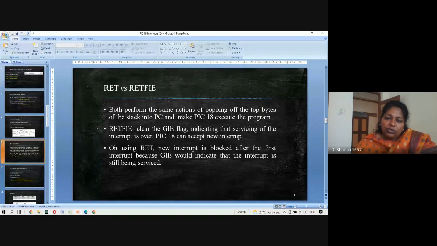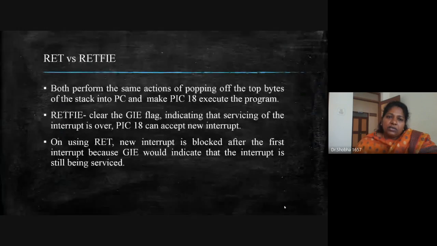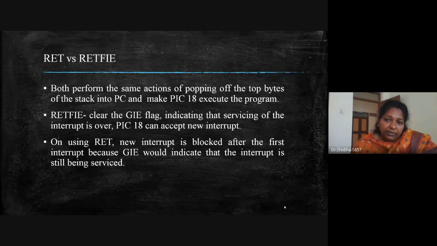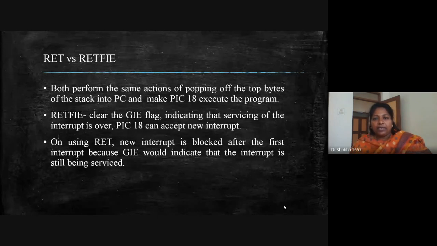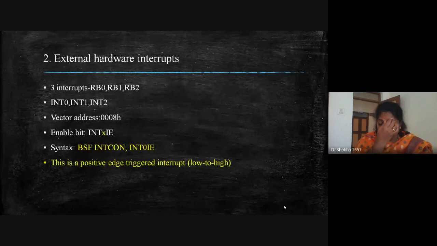Okay, so this we have already covered. So what is the difference between the normal return and return after interrupt? This return after interrupt comes only from the interrupt service routine. So that is the only difference. Okay, so we start with the interrupts.